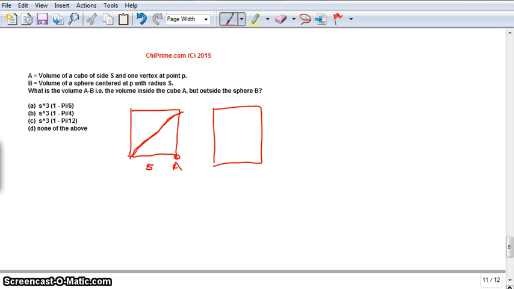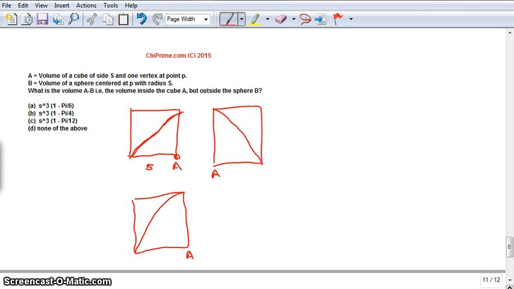Then if you look at it from the other side, where A is on the left, you see the surface of the sphere cutting it this way. And if you look at it from the top here, where A again is this corner, you'll see the sphere cutting the cube this way.